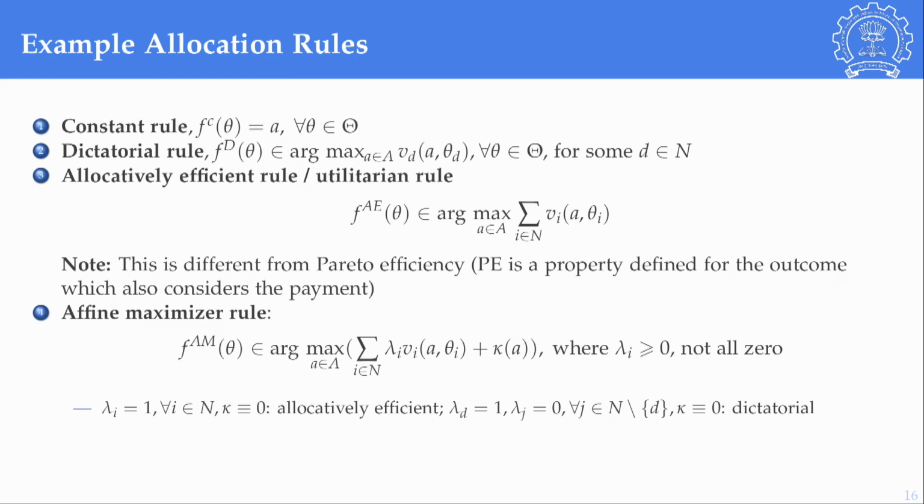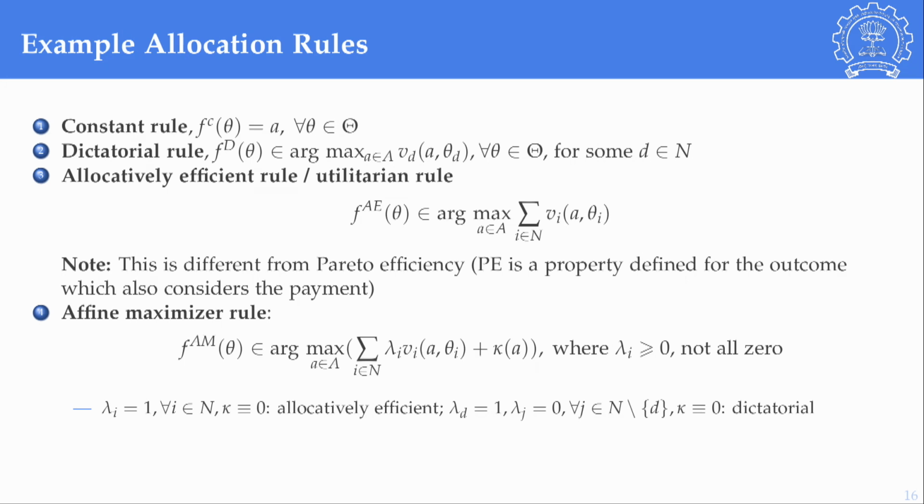And when you have only one specific weight to be maximum, so you have exactly 1 and everything else 0, that agent is the dictator agent, and kappa is also 0, then you get back the dictatorial rule. So, affine maximizer in some sense is capturing the earlier rules, the dictatorial rule and the allocatively efficient rule show up in certain cases.